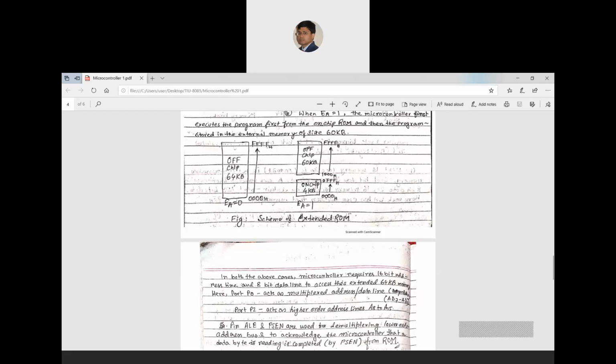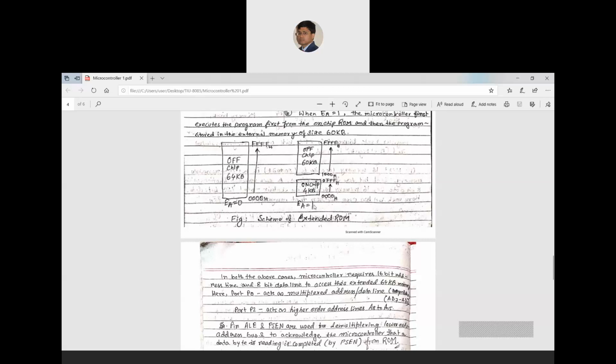So that is the EA. When I'm using EA equals to 1, the pin value equals to 1 is set by the external user, and it will enable the microcontroller to understand that it has to use both of the memory chips, internal and external.